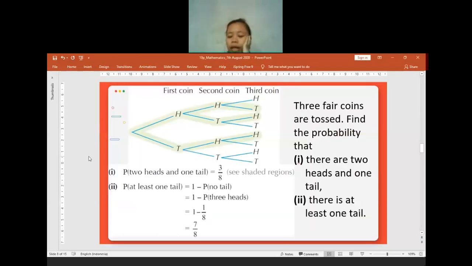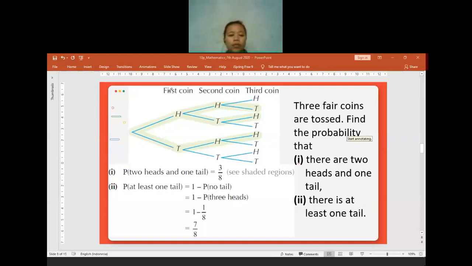This is the example question if we are going to find the probability using the tree diagram. 3 fair coins are tossed. Find the probability that there are 2 heads and 1 tail. Because it says 3 coins, we have to make the tree diagram in here.